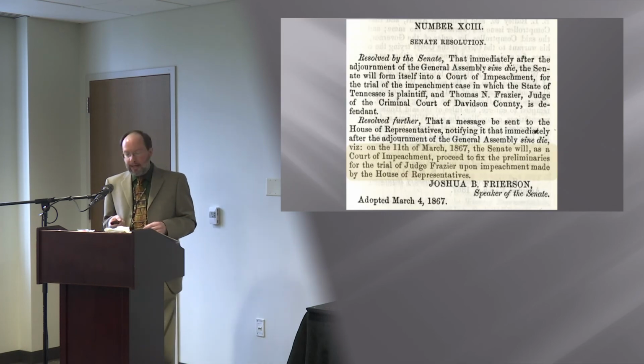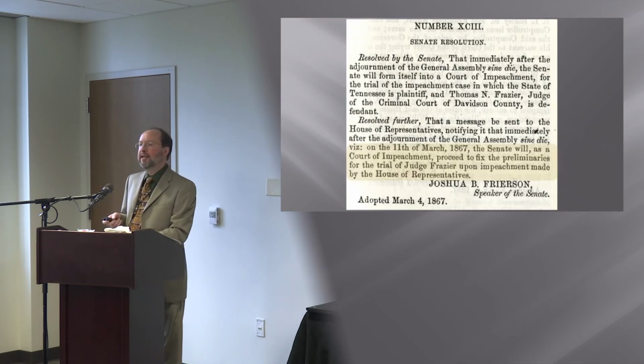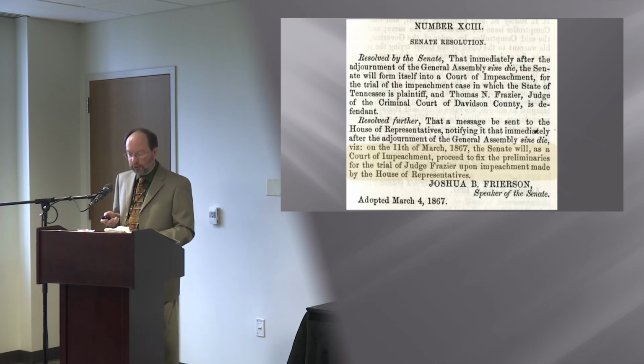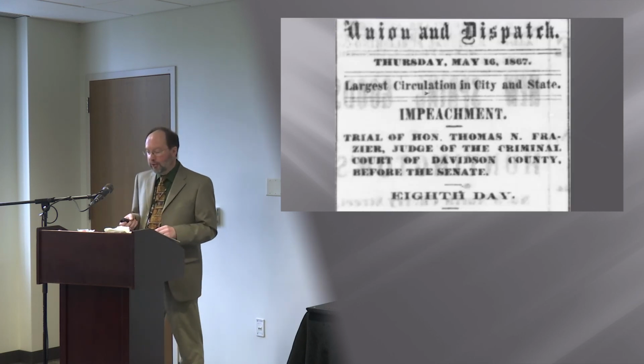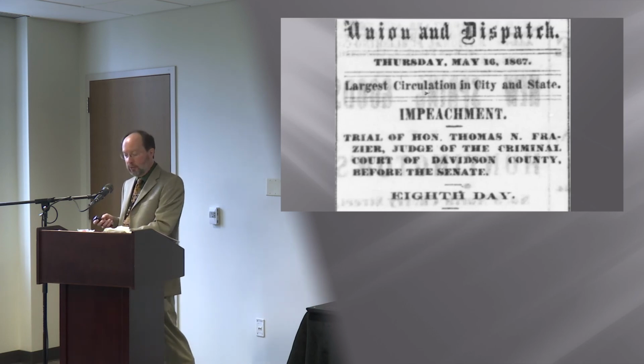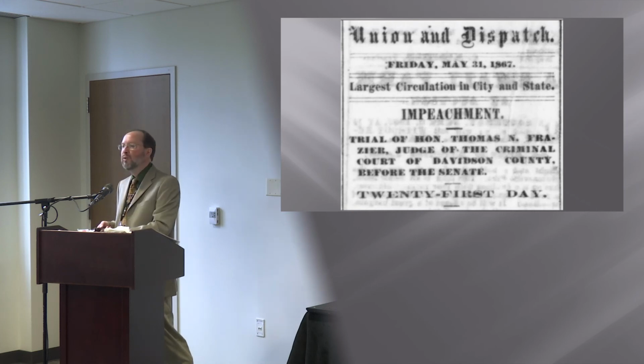And in May 1867, the Tennessee Senate convened as a court of impeachment to consider the actions of Judge Thomas Frazier. The Nashville Union and Dispatch, May 16, 1867, reported that the Senate was in the 8th day of the trial. May 31st, the 21st day of the trial.